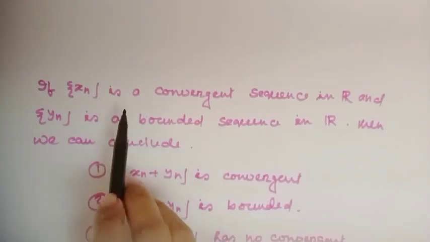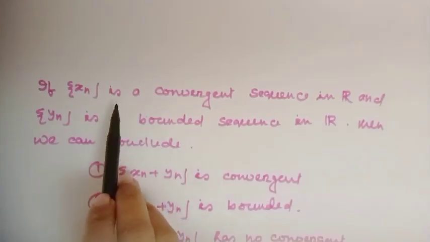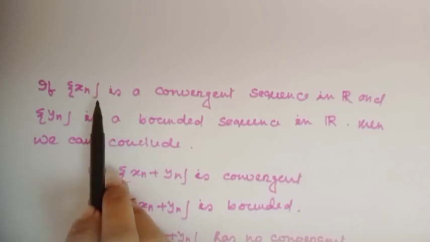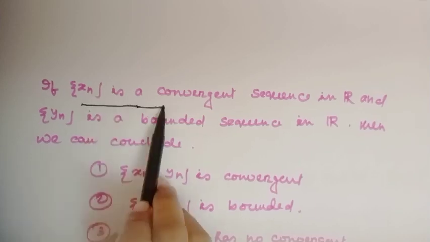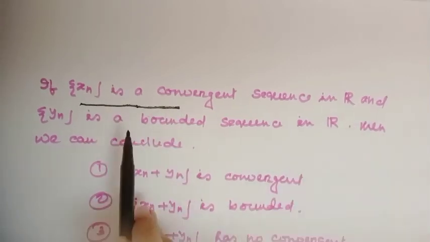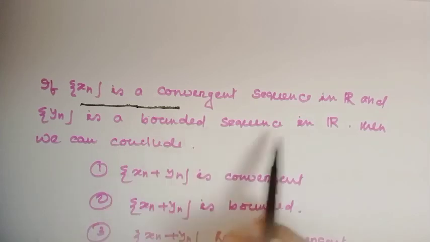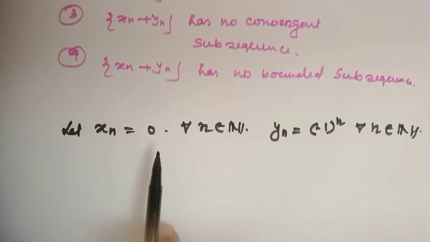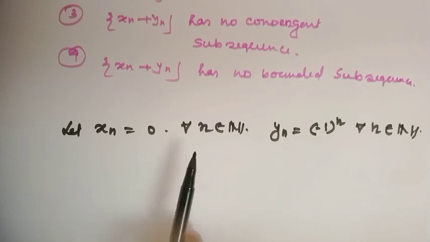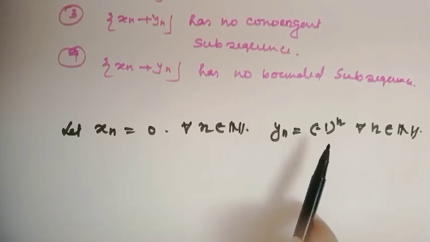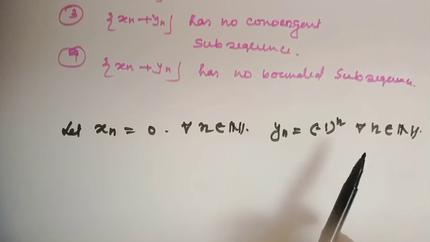Because in the question, xn is a convergent sequence in R and yn is a bounded sequence in R. Since this is a constant sequence, it is always convergent. And this sequence does not converge but is a bounded sequence, as all of us know.